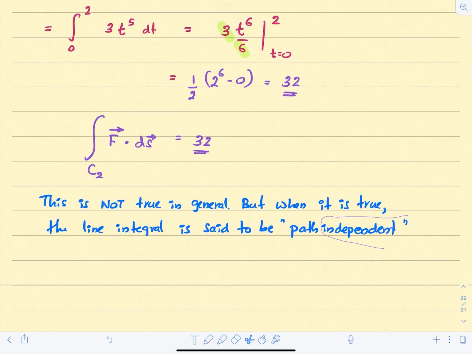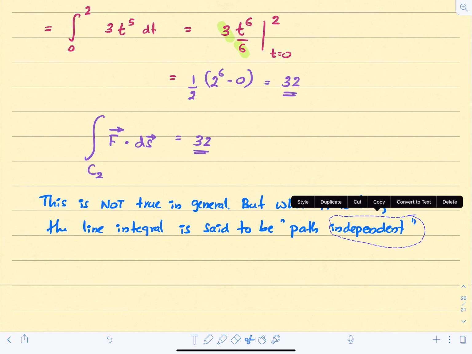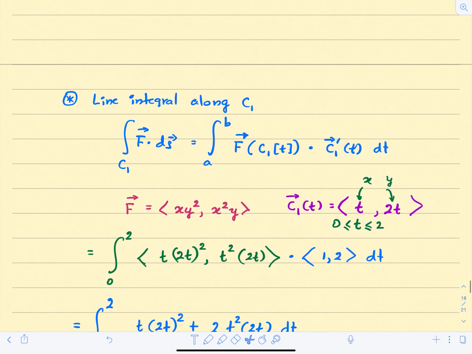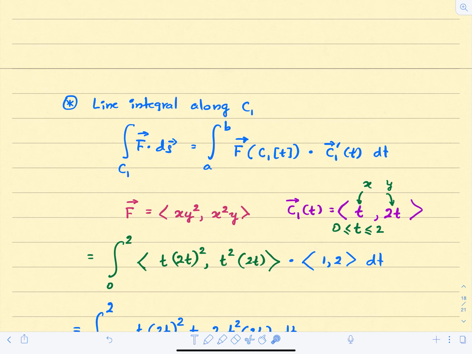So your line integral does not depend on the path. Actually this is the motivation for the next section, 13.3. In the next section we will talk about path independence and these types of vector fields. Thank you.